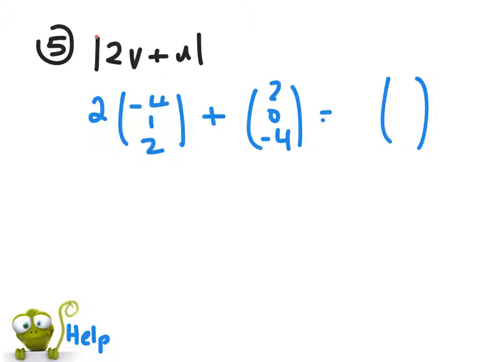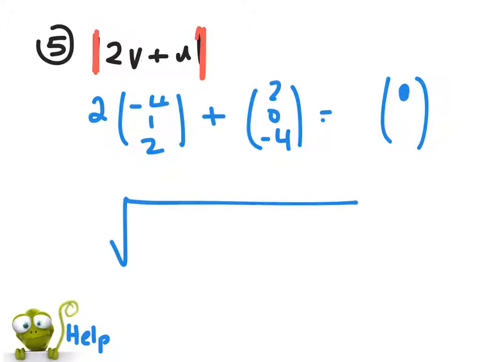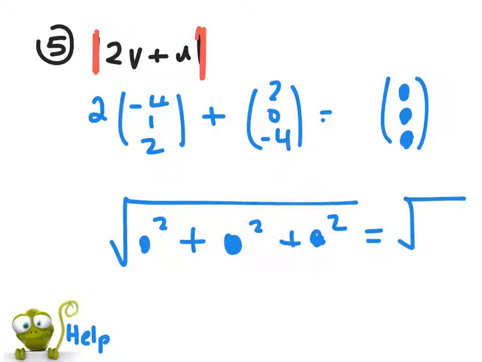The vertical lines here and here mean the magnitude. So how do you work out the magnitude? You do the square root of the first number in the bracket squared plus the second number in the bracket squared plus the third number in the bracket squared. Once you get your answer, you simplify the surd like we've been doing in class. Square root times square root.